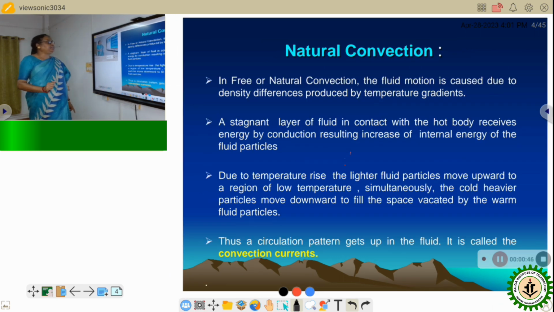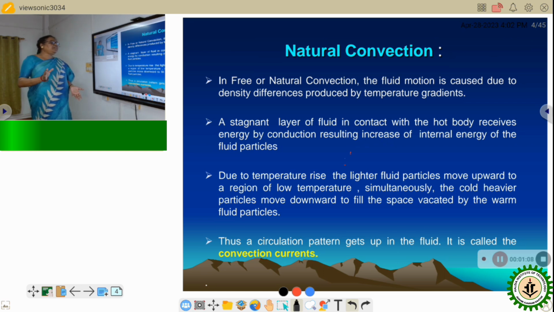In natural convection, the fluid motion is caused due to the density differences produced by the temperature gradient. A stagnant layer of the fluid in contact with the hot body receives energy by conduction, resulting in an increase of the internal energy of the fluid particles.